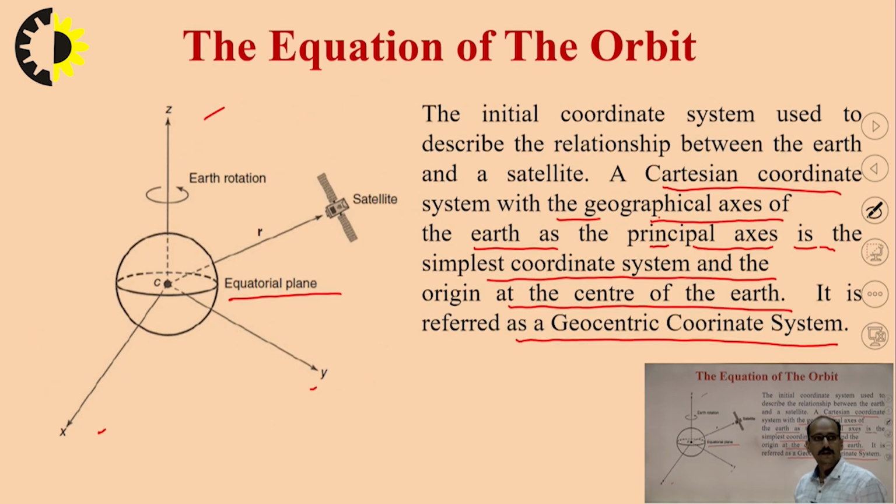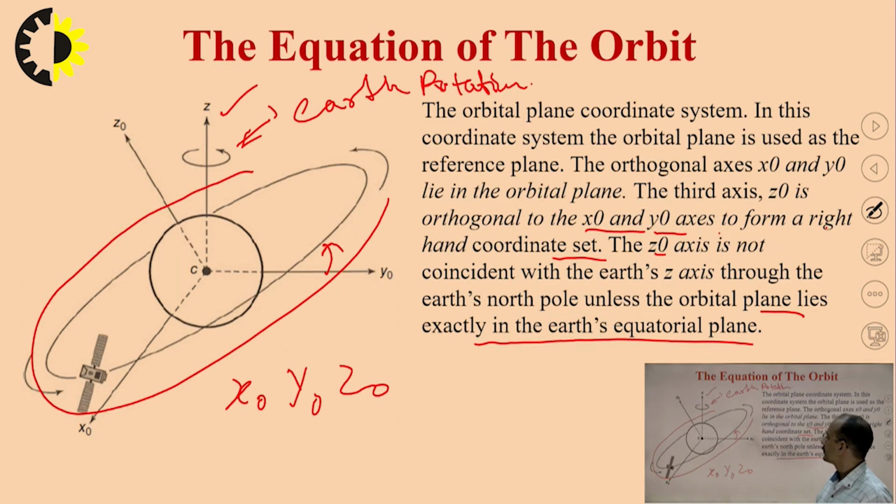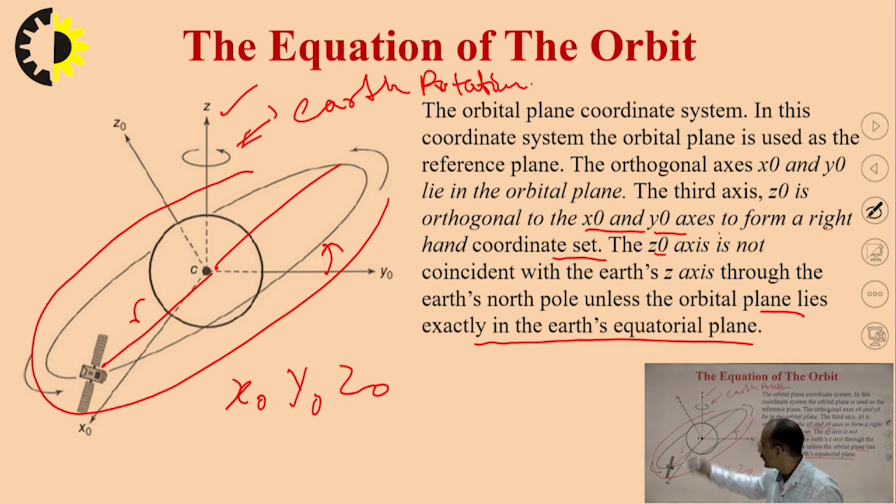Now, as you see in all these previous coordinate systems, the main thing is the distance between the center of the earth and the satellite, that is r. You can see that r is fixed here, and in this one also r is here.